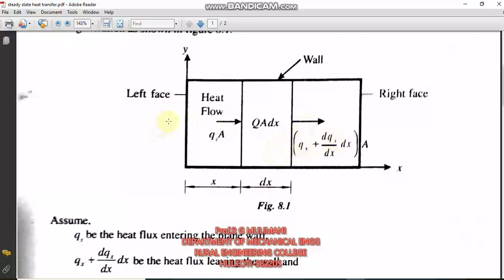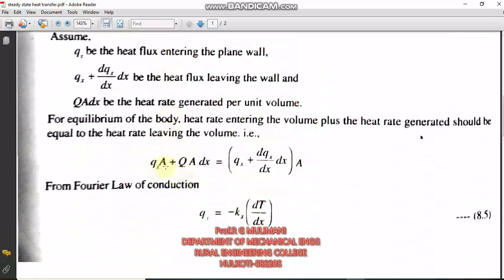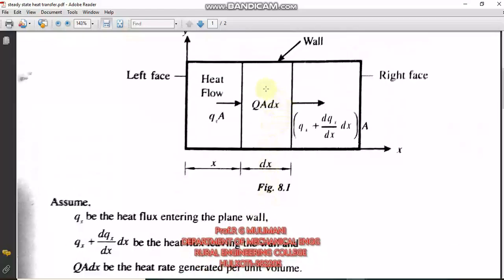The heat entering into this wall thickness is qx into A, and the heat generated, also called the source, is q A dx.